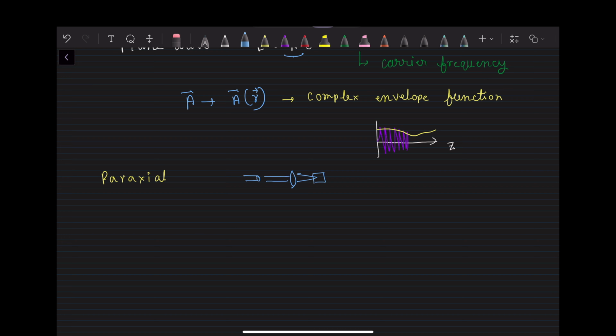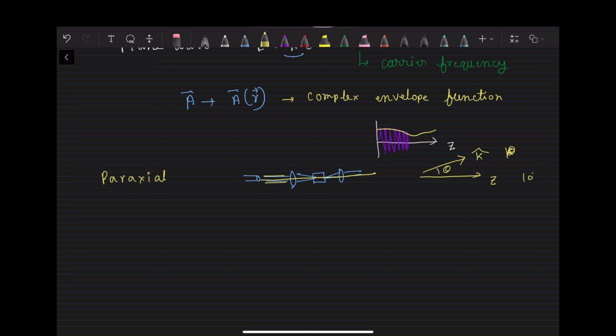Then maybe there is a nonlinear crystal, then again it's diverging and collimation, something like that. So suppose this is the optical axis, then these beams are near to this axis. The direction of the optical wave is given by the unit vector that is collinear to the k vector, the propagation vector. So the angle between the axis and the wave is very small, maybe less than 10 degrees or so.